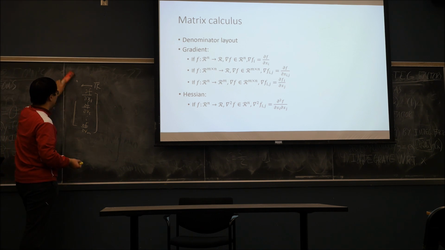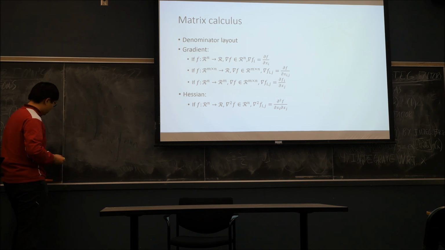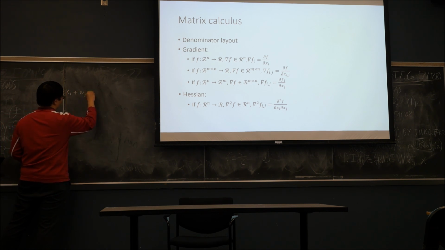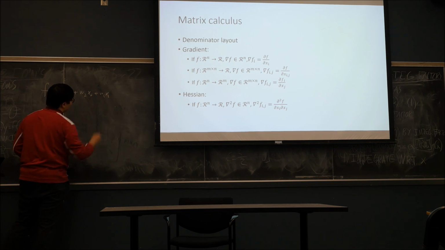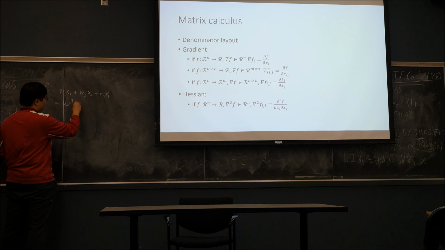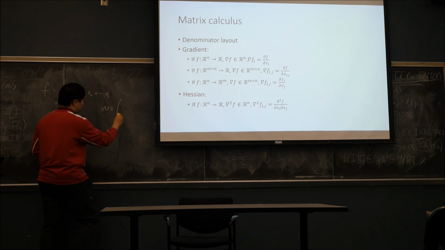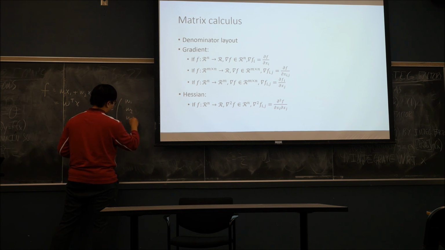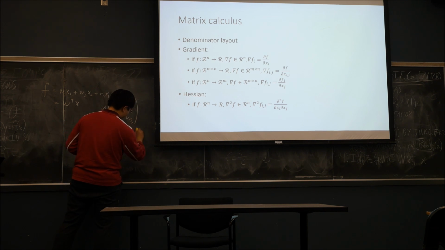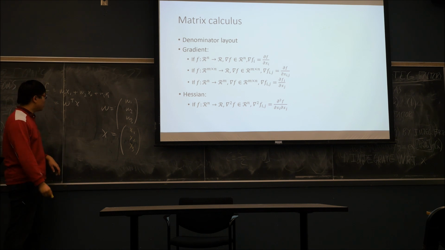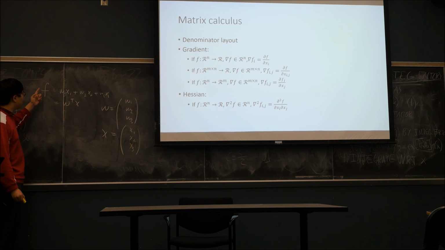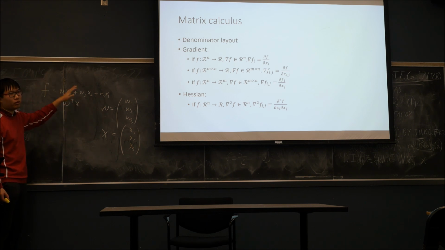Let me do an example. This is a lot of confusing things. So if f is equal to w1 x1 plus w2 x2 plus w3 x3, we can write that into vector form. So it's equal to w transpose x. So w is a column vector, w1, w2, w3, and x is equal to x1, x2, x3. So you take the derivative of f with respect to w. What you are doing is you take f with respect to w1 and w2 and w3.